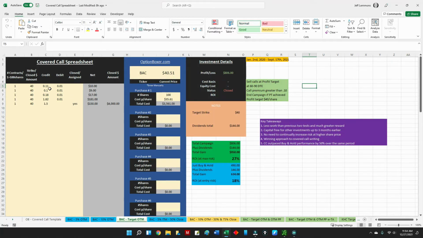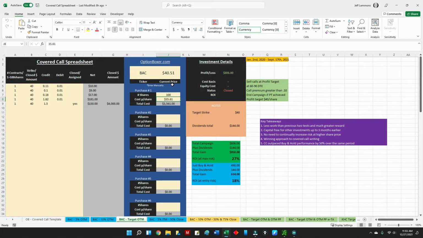You can see here early on the premiums were pretty thin, but I put in there, as long as it was over 10 cents, I was going to sell it, and so I did. And then I was going to end the campaign if the profit target was achieved, and the profit target in this instance was $40. And you can see my initial share cost was $35.61. So I wasn't anticipating a huge rise in price.